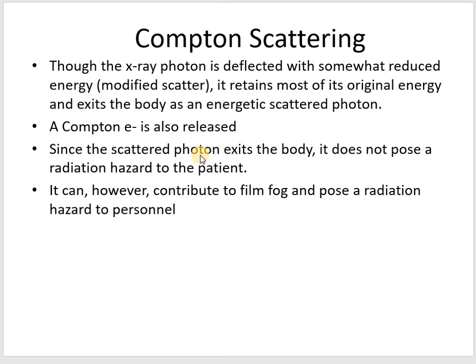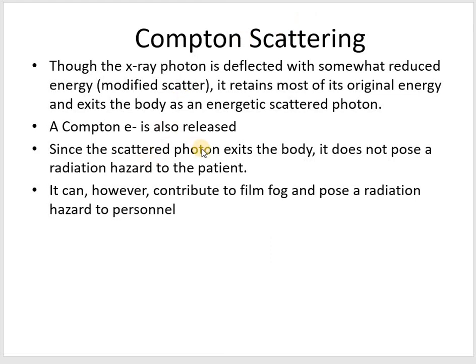So most of these photons will actually have the energy to penetrate out of the patient and become scattered photons that might endanger the personnel or the patients or whoever is in the X-ray room.